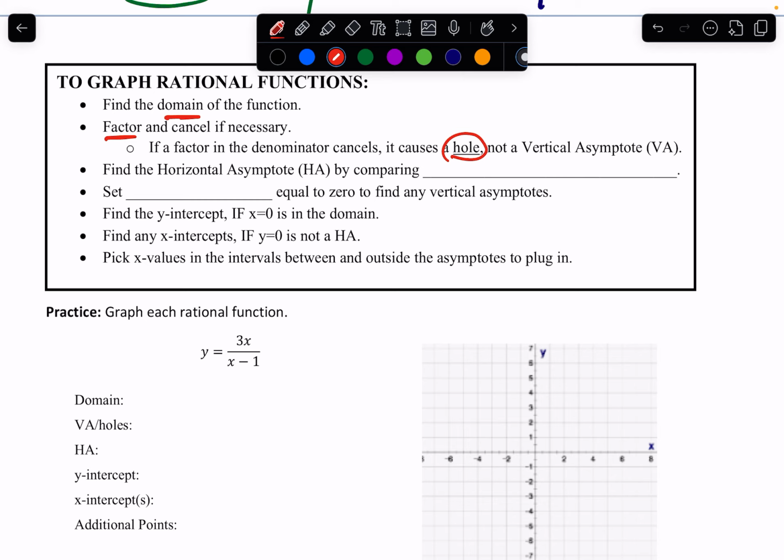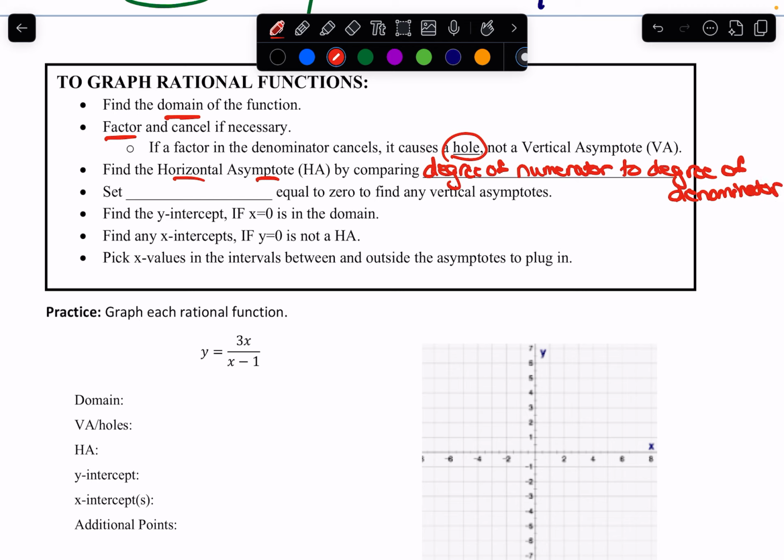Then we're going to find the horizontal asymptote by comparing the degree of numerator to the degree of the denominator, just like we did in these last two examples.